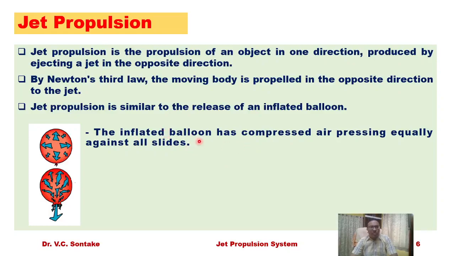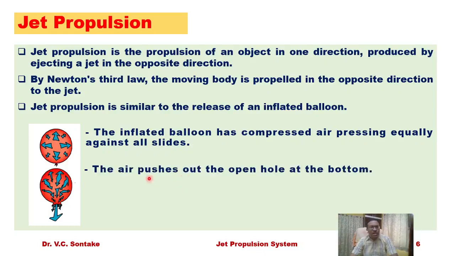The inflated balloon has compressed air pressing equally against all sides. So when you blow air into the balloon, the compressed air presses the walls of the balloon in all possible directions. The air pushes out the open hole at the bottom.